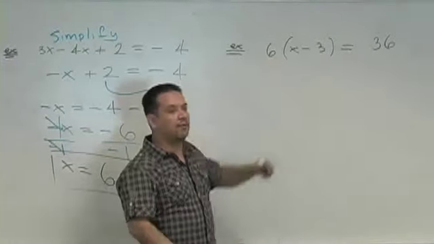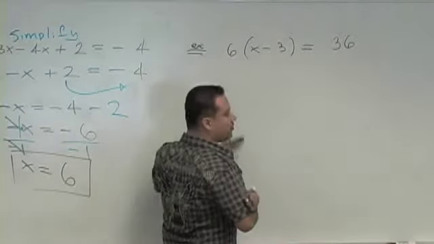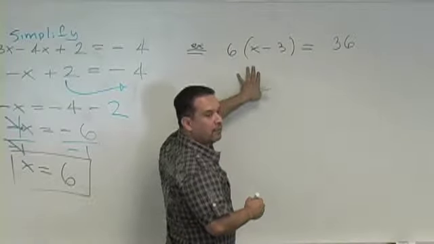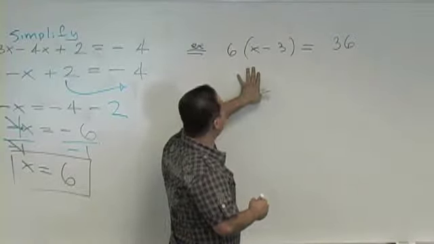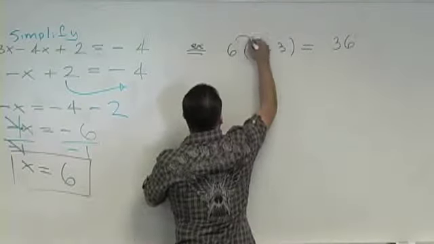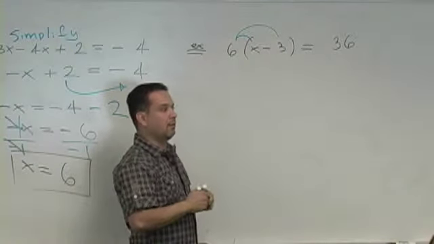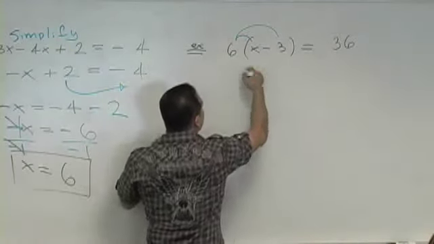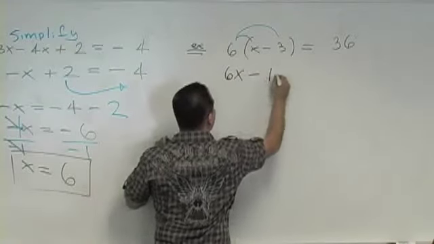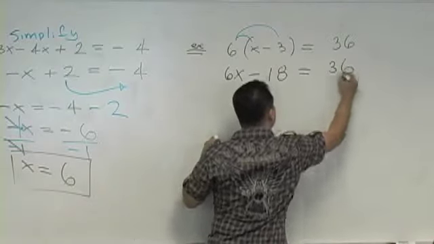What do you guys do with this? Don't you simplify? And what was the other idea we talked about last week under simplification? The distributive property. So you see how that works? So then what's 6 times x? 6x. 6 times that negative 3 is negative what? And that equals 36.